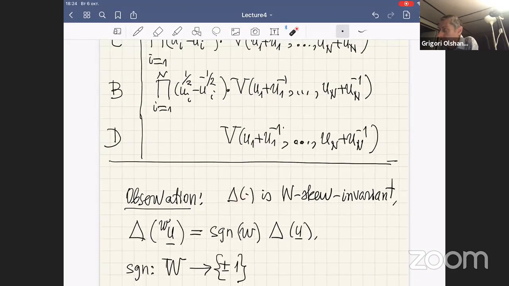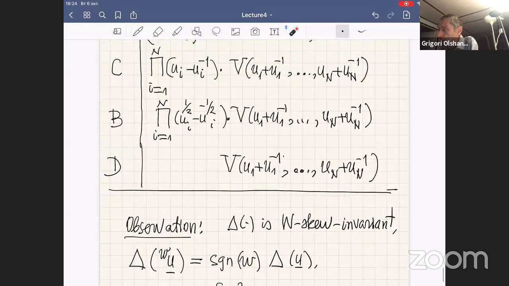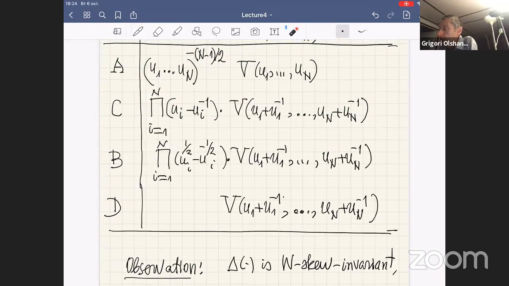What next? Next is that this object is W skew-invariant. What does skew-invariant mean? We have a one-dimensional representation, a character of a Weyl group, the sign character, which is just a natural substitute of a permutation character or sign character of the symmetric group. And look what happens here. If you permute the coordinates, then you have a skew symmetry, which comes from the Vandermonde.